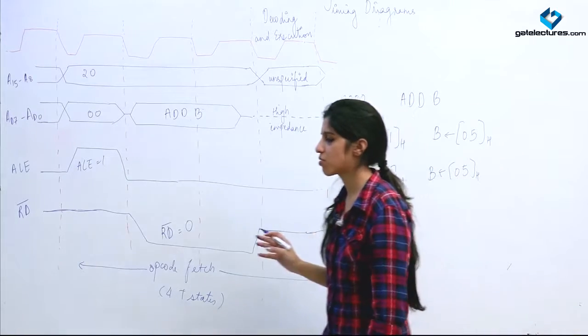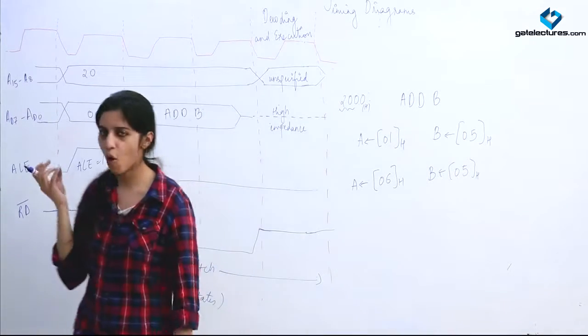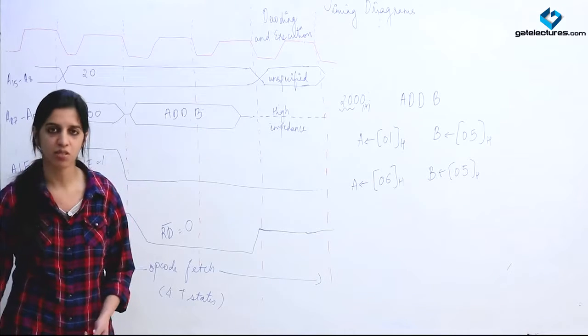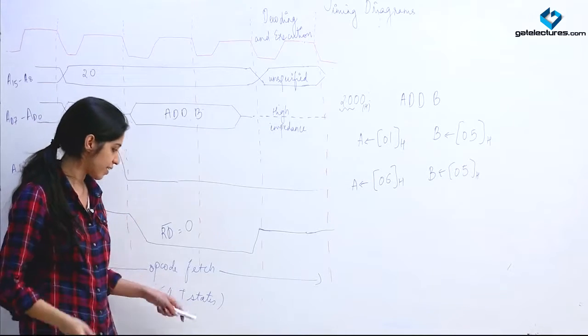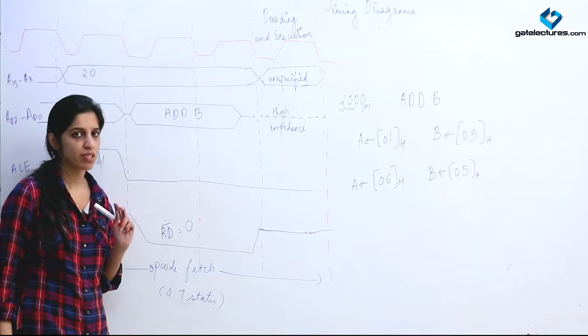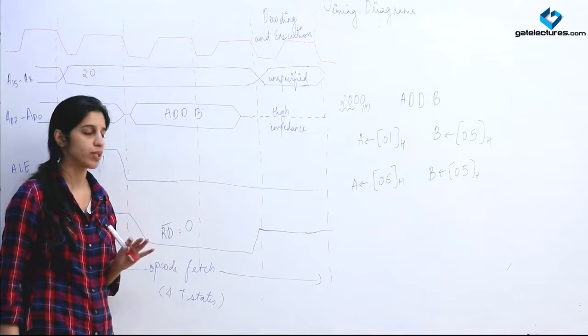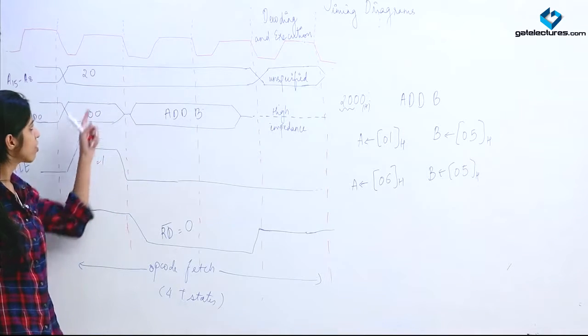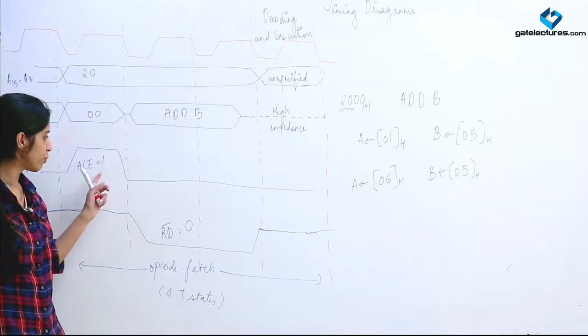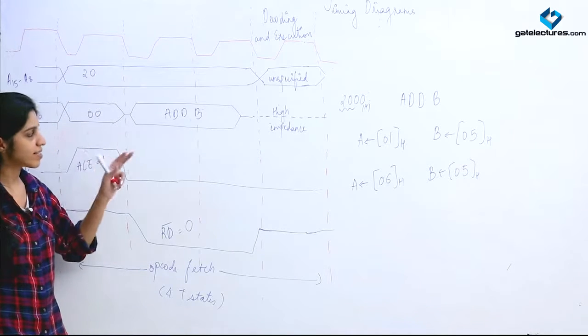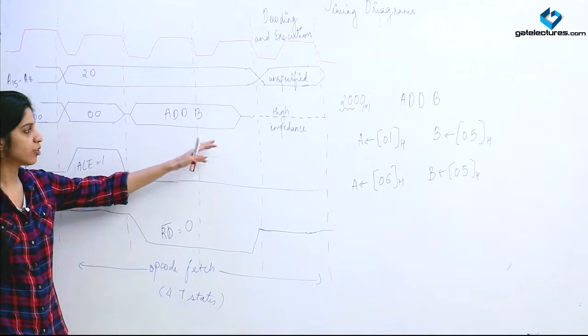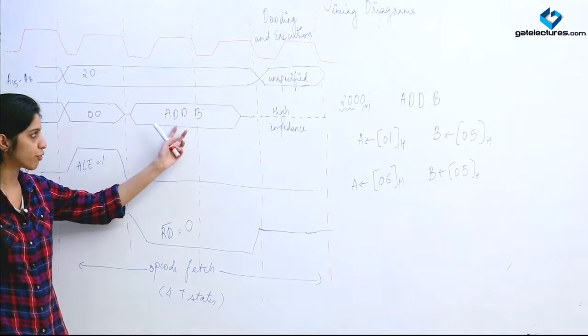Similarly, any opcode fetch cycle is going to be 4 T states only. In the first T state, you are going to put the address, you are going to make ALE 1. And then in the second and third T states, it takes 2 T cycles to read from memory.